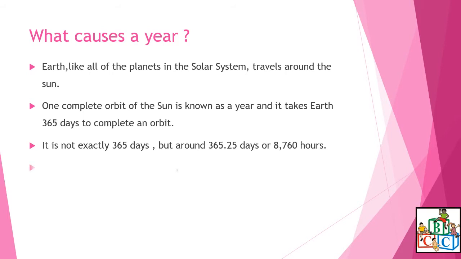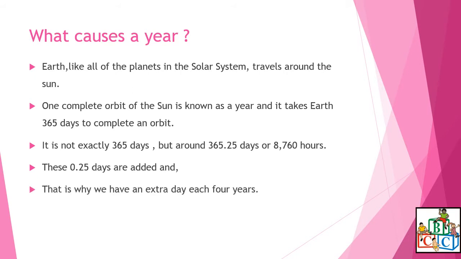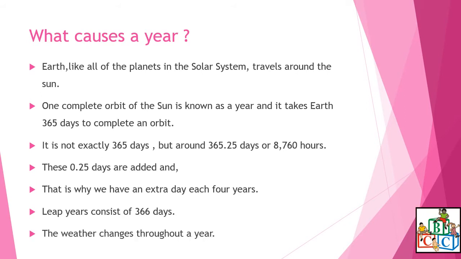As this is not a whole number, these 0.25 days are added, and that is why we have an extra day each 4 years. These are called the leap years.